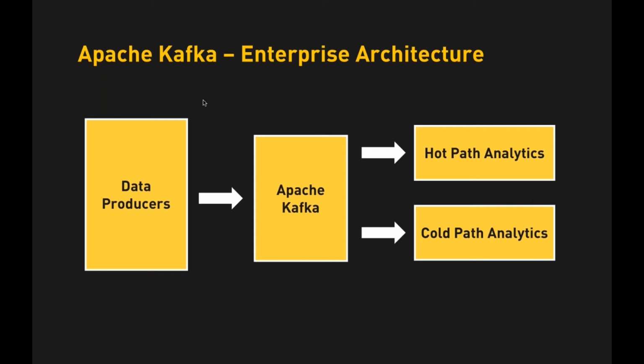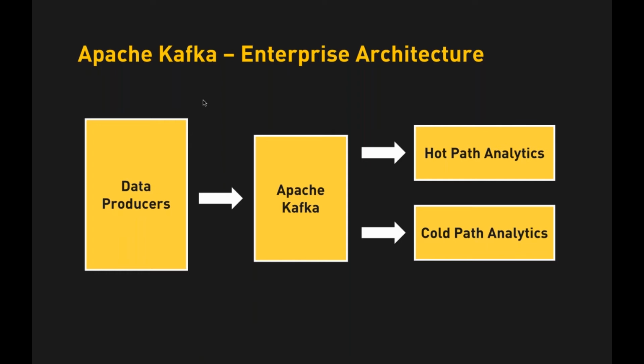So that is near real time, which is called hot path analytics. The metrics like fuel consumption, the acceleration, the route, all of that is going to go through the cold path analytics and will go into a historical database, something like HBase or Cassandra or any other NoSQL database. And eventually an Apache Hadoop cluster will process the data to find out which car is the most fuel efficient.